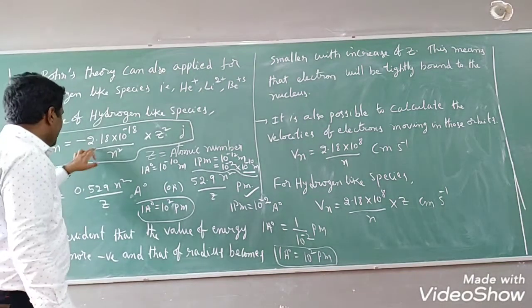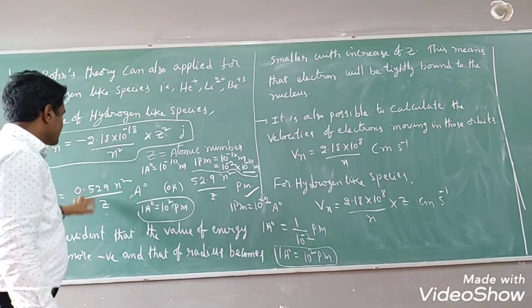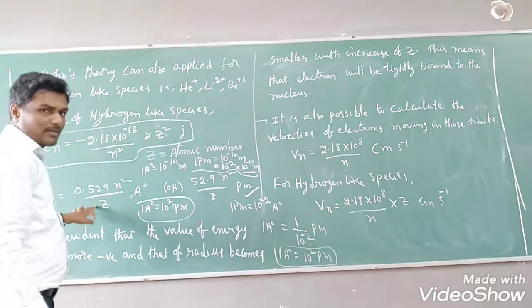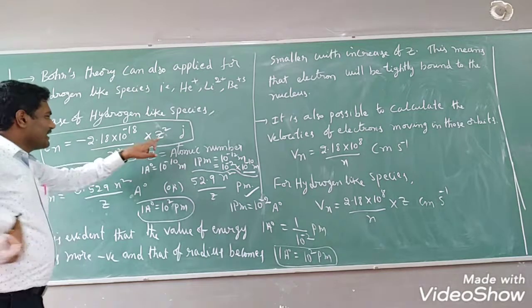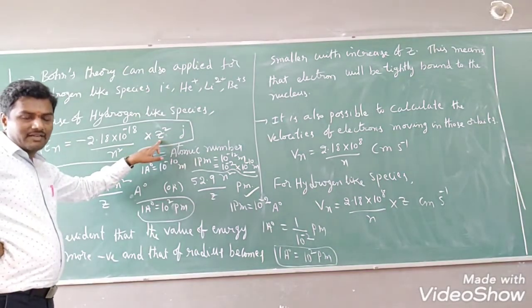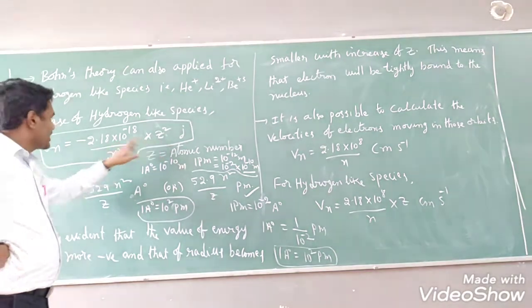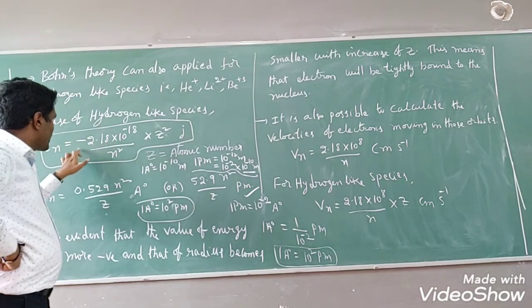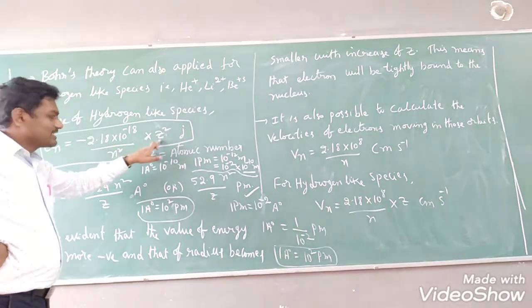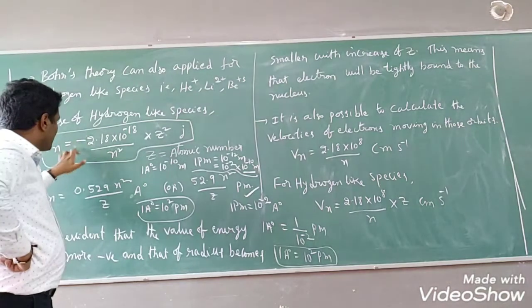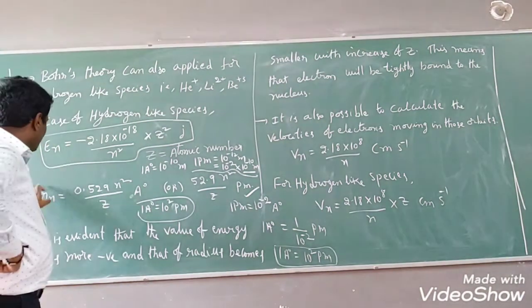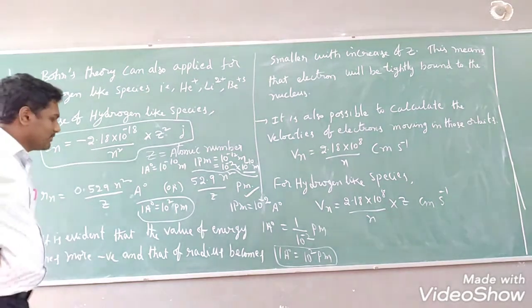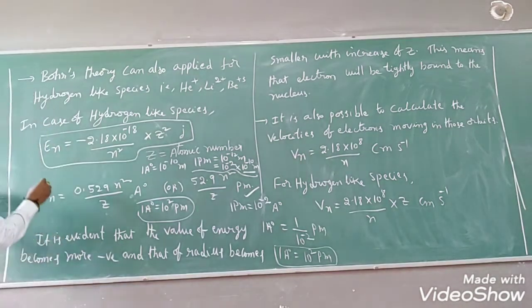So by using these two expressions, what we can conclude, you see that whenever the z value is increasing here, this negative value becomes more and more. But whenever the z value is increasing here, the radius of the orbit is decreasing. That means what we can say here, students?